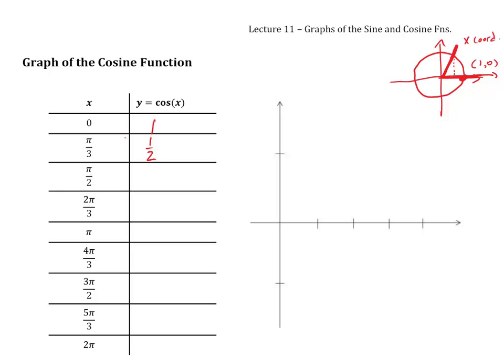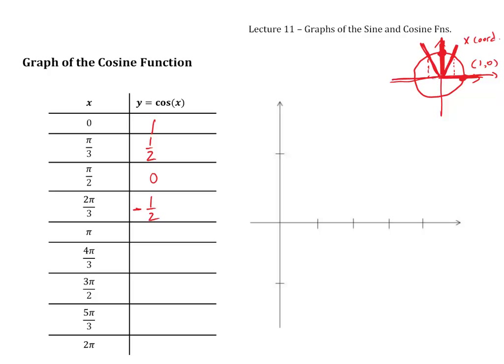But I don't want to graph all of them because I'd have to plug square root of 3 over 2 into my calculator and figure out the decimal value. It's easier, and I'll get enough points by just doing these. If I go straight up to pi over 2, the x-coordinate is 0. If I go to 2 pi over 3, the x value of that point is -1/2.